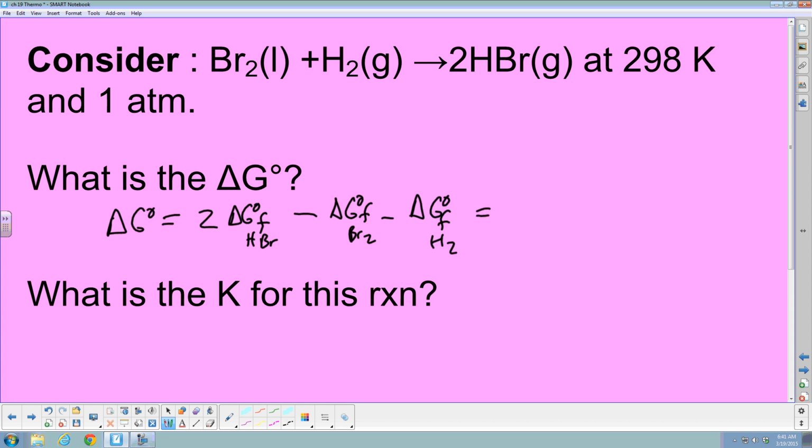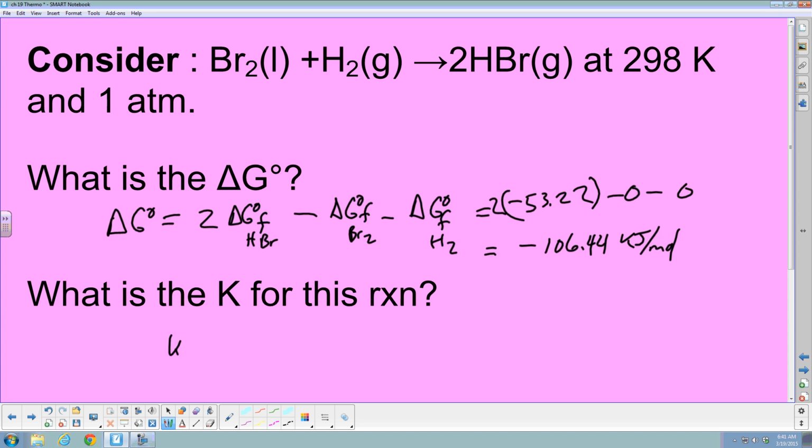And so that's going to be equal to negative 53.22 times 2 minus 0 minus 0. So that's going to be equal to negative 106.44 kilojoules per mole. Good.